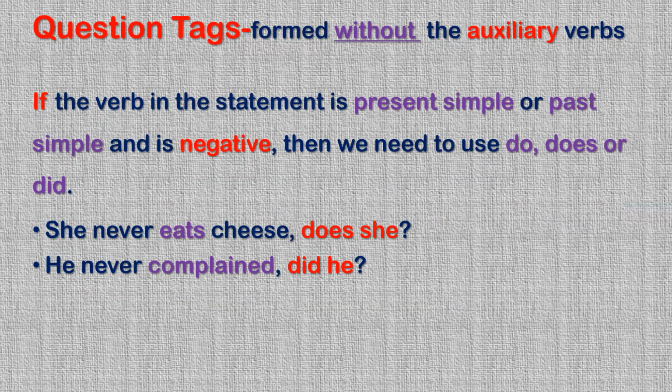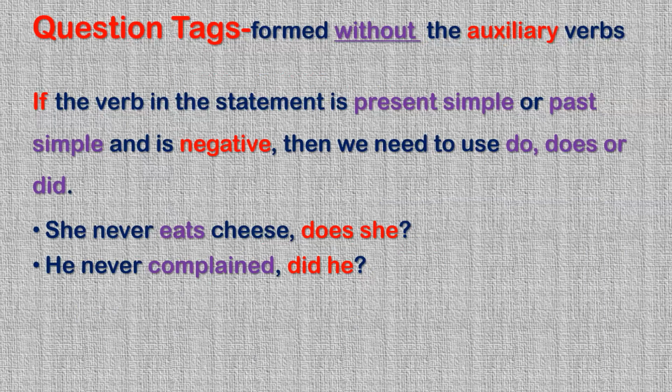So if the verb in the statement is present simple or past simple, and if the sentence is negative, then we need to use do, does, or did. That is, when we have to make the question tag positive. She never eats cheese, does she? He never complained, did he?